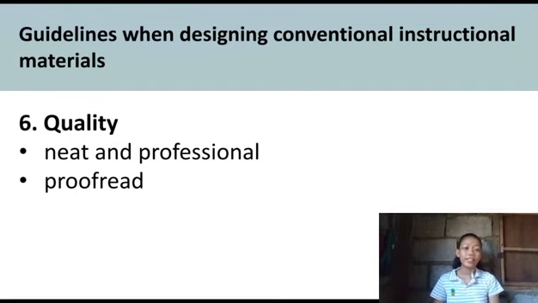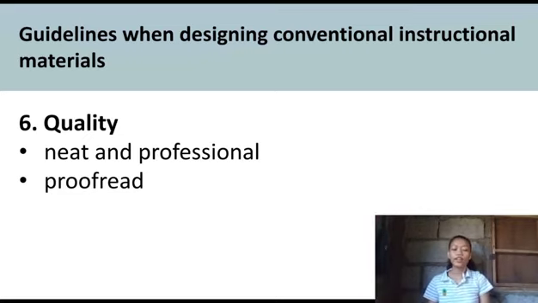Number one, there is no grammatical error, and the visuals or graphics that you use are relevant to the topic. So what you need to do to achieve quality is to follow the first 5 guidelines when designing conventional instructional materials and to proofread your finished product.